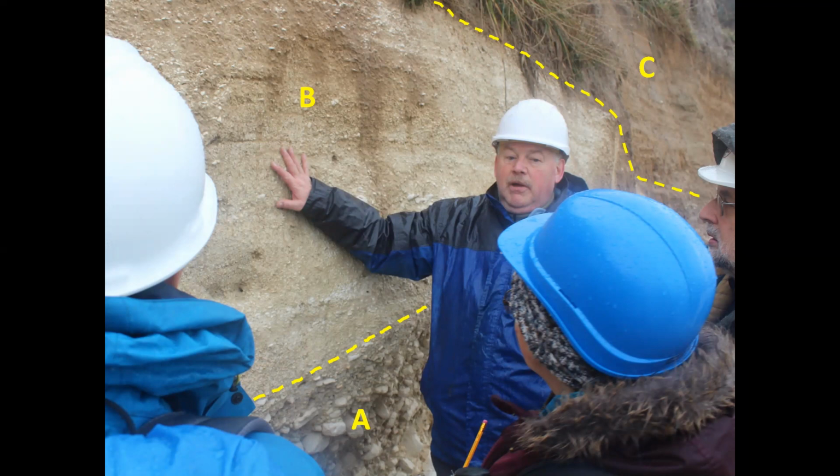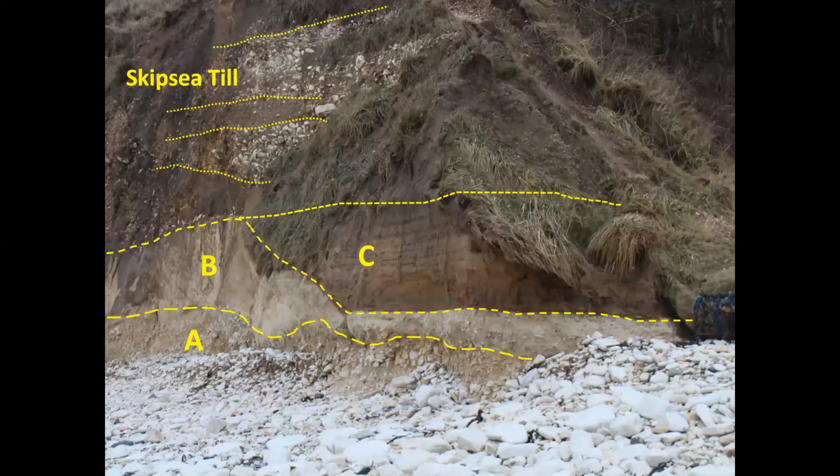Unit C is of glacial lacustrine silts and sands, and like the similar deposits at South Landing, formed when ice in Bridlington Bay was blocking the outflow of streams from the north. The Skipsea Till contains a number of gravel outwash beds, an indication that ice movement is sporadic, occurring as pulses rather than in one continuous advance or retreat.